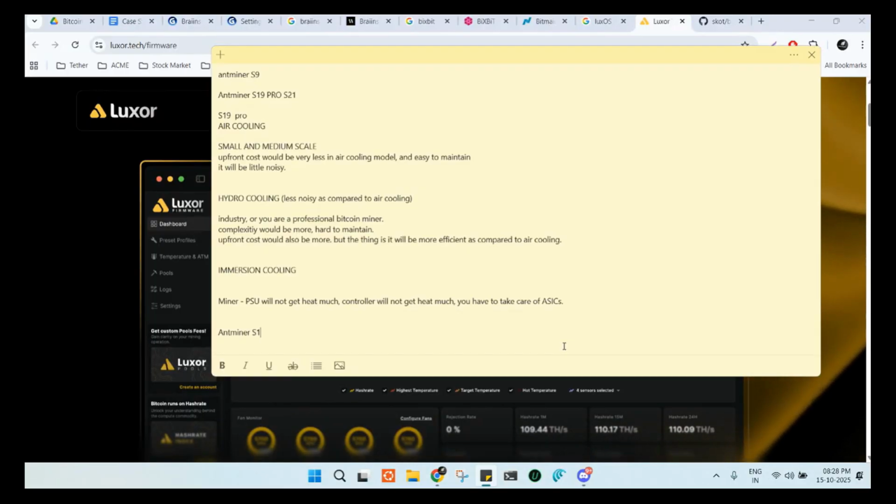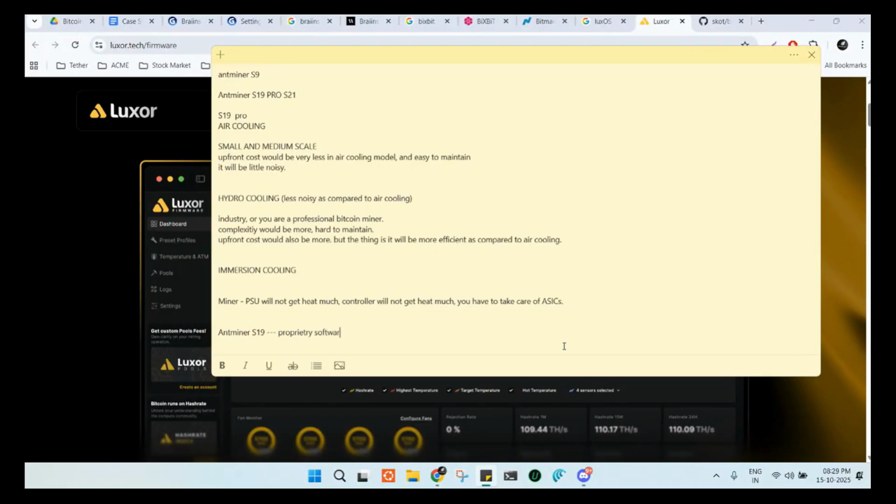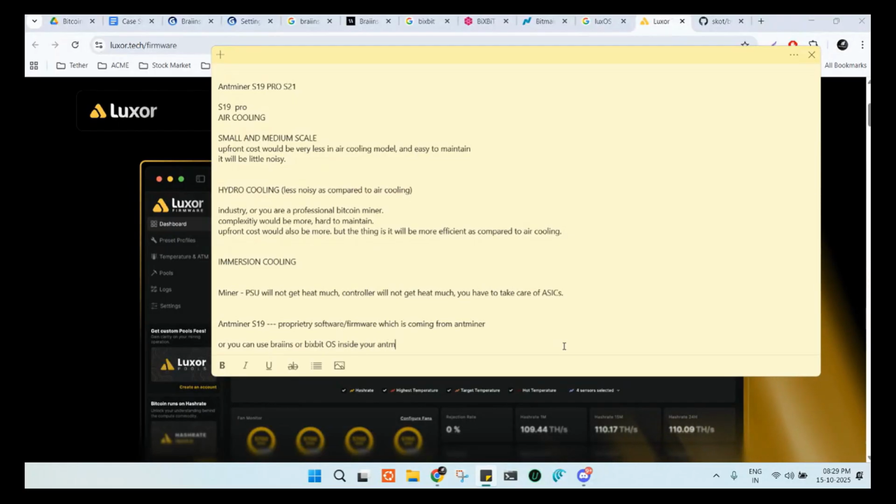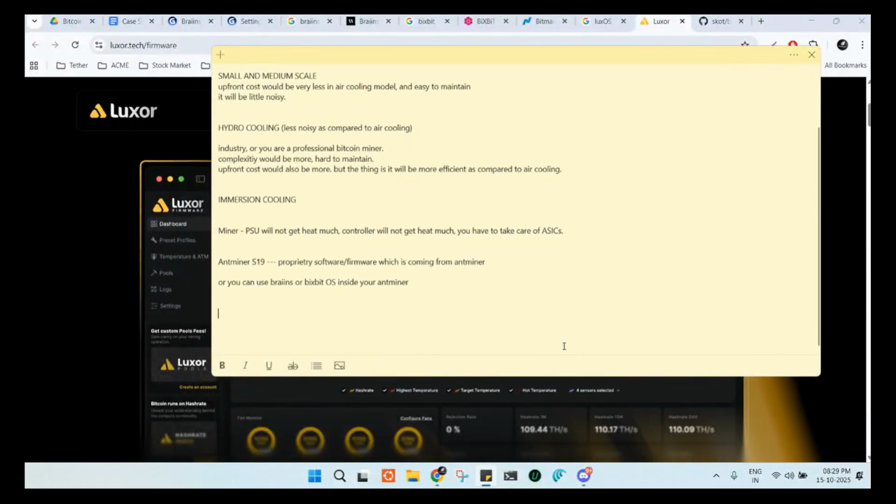One option is to use the proprietary firmware coming from Antminer, or you can use Braiins or Bixbit operating system inside your Antminer.